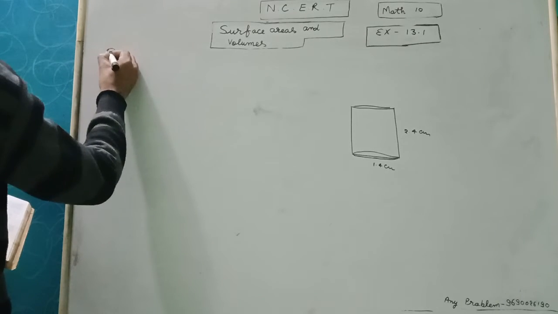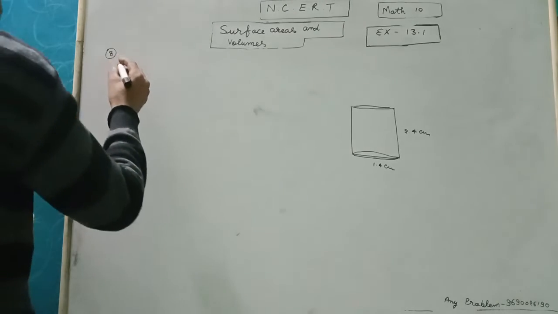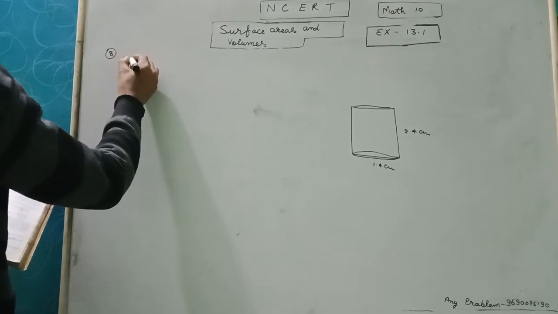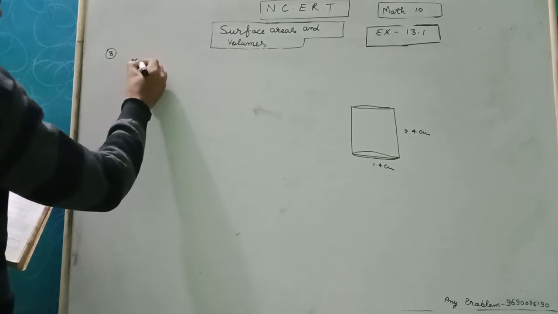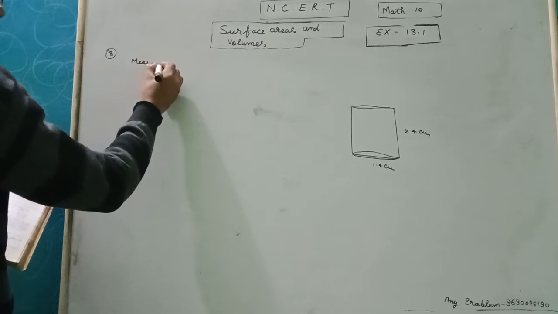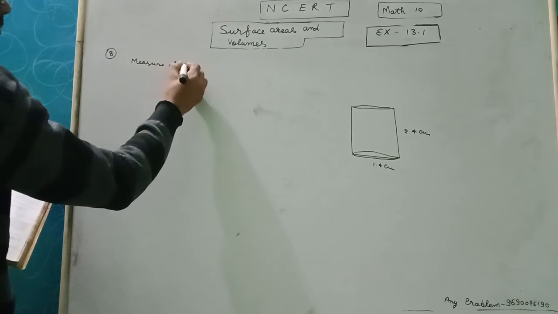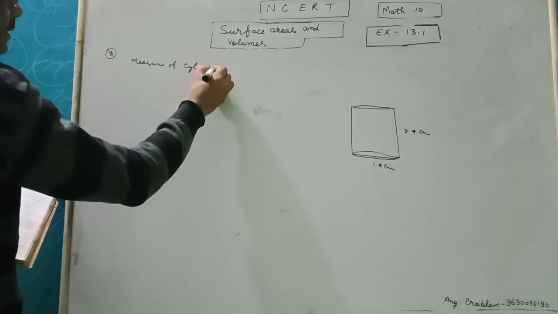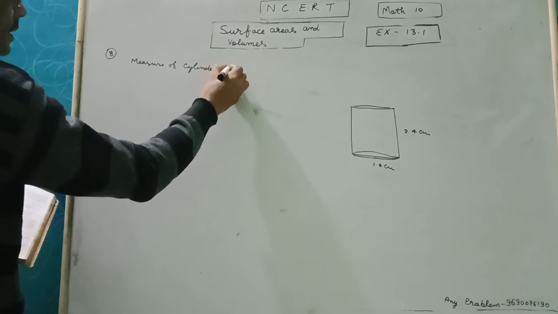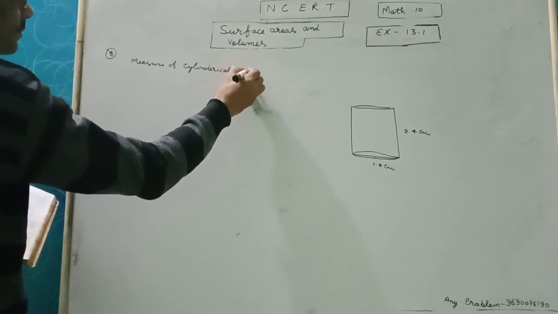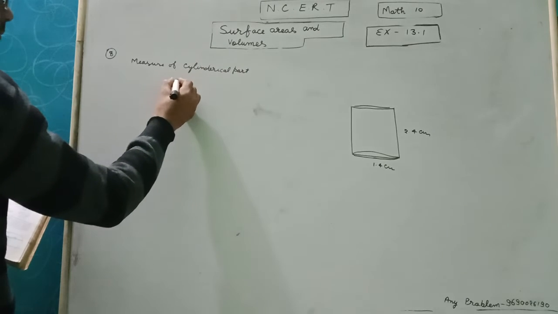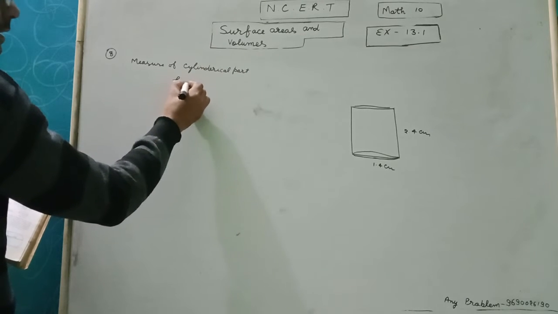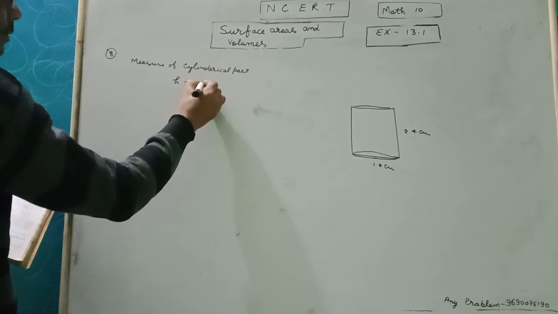Question number 8: measure of the cylindrical part. H is equal to 2.4 cm.